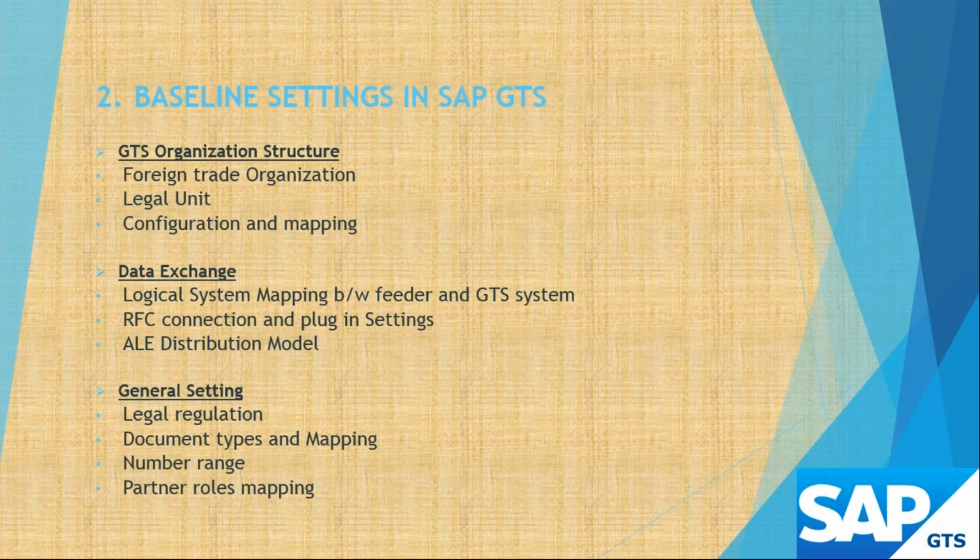Baseline settings. Here I will first provide the basic business functionality of each of these components, because many people just remember this is a foreign trade organization, but what exactly that means from a business perspective is the important thing.